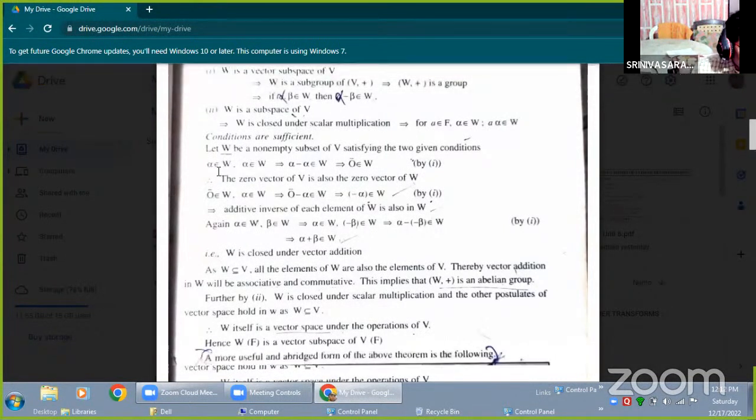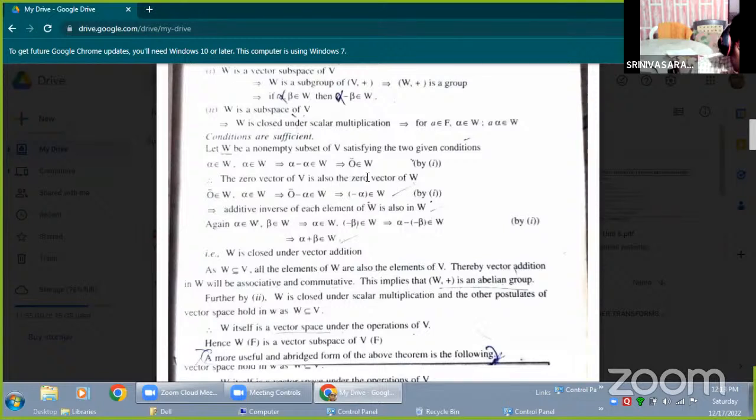Now here A alpha belongs to W and alpha belongs to W, because one vector is taken from the given non-empty subset, and the second vector is also taken from it, since those conditions depend upon the additive identity. What is the additive identity? The zero vector is the additive identity given in the vector space.